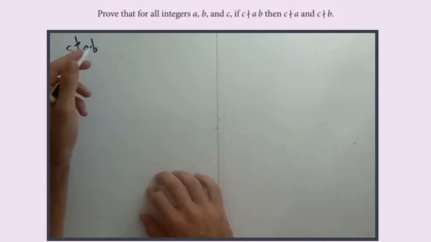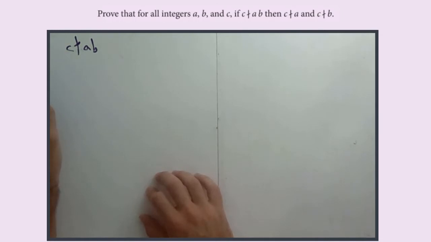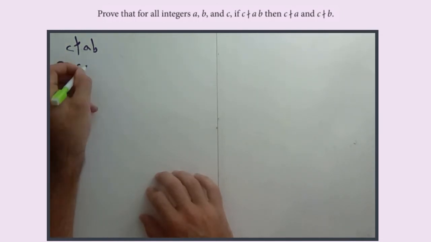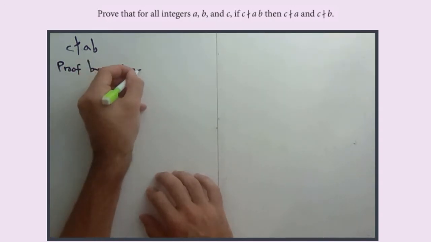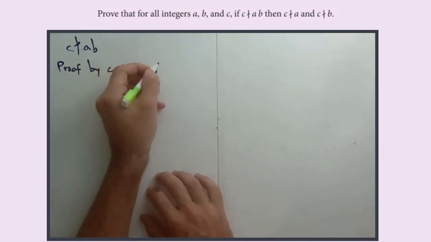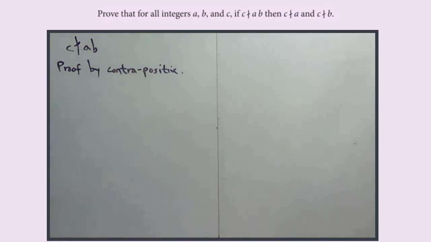So that's the terminology. We are looking to do a proof by contrapositive, and it's actually quite awkward to write the contrapositive. So we need to find the contrapositive.